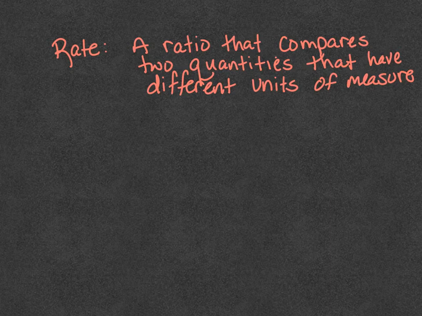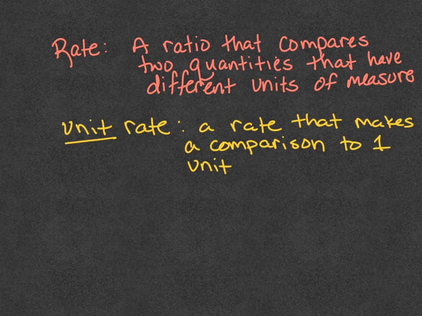And a unit rate is a rate from above that makes a comparison to one unit, one item. So if I got 2 hamburgers for $12, the unit rate would be, how much does 1 hamburger cost? And then we do all our math and find out, oh, 1 hamburger is $6 unit rate.